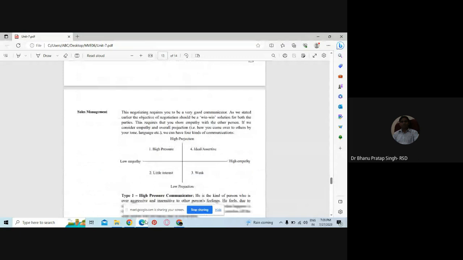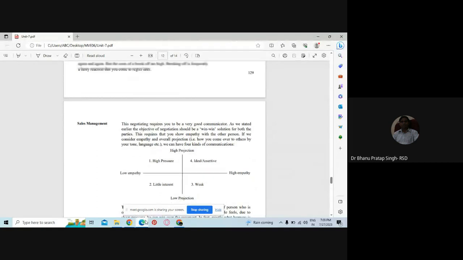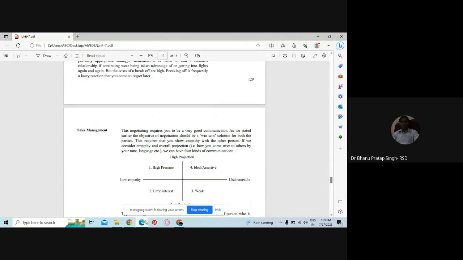Break off is there, and even there are many types in this break off. One is low empathy, high empathy.